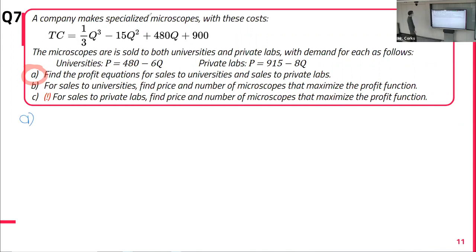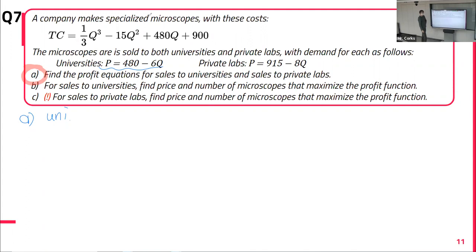All right, let's try to make the profit equations first. So two situations, universities and private labs. We'll do the universities one first. Okay, so this thing here, P equals 480 minus 6Q.